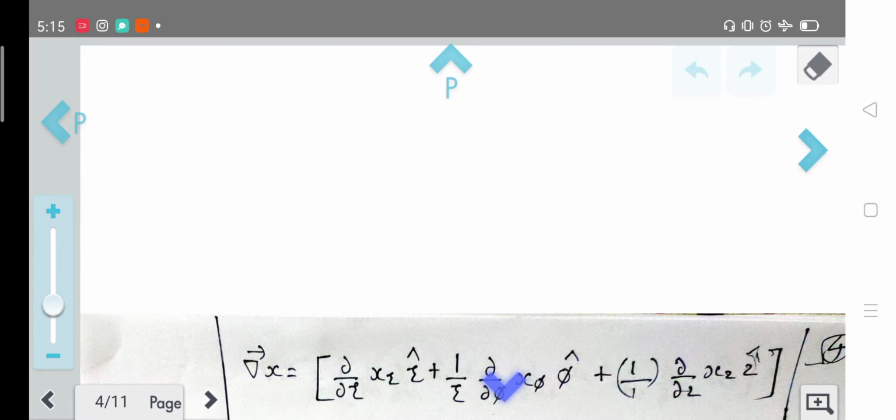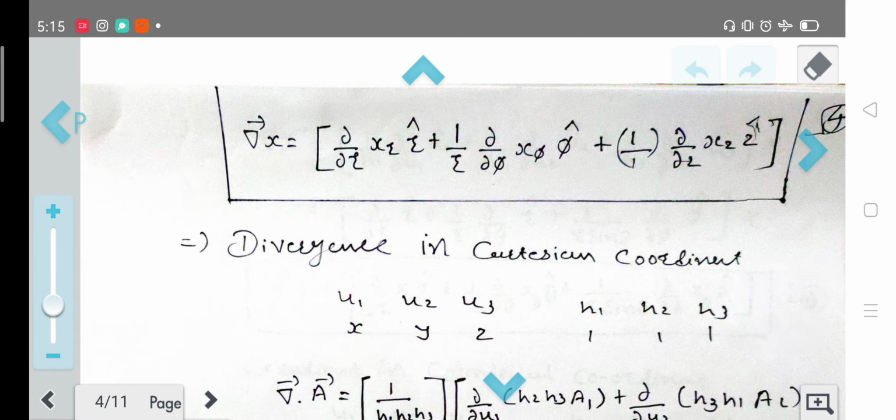So we will get the gradient of x will be del by del r. We have taken the scalar quantity x inside the equation, so we are going to consider the r component of x here.